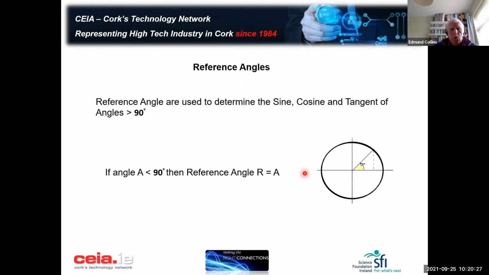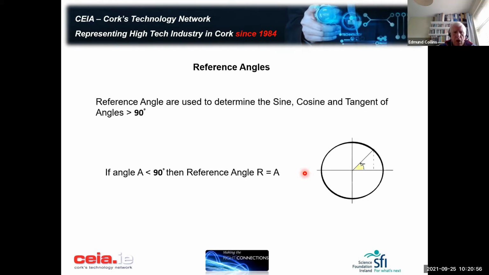Now, we're going to go through reference angles here. They're very important because while often it'd be nice just to be dealing with acute angles less than 90 degrees, often in problems we don't have that. We can be dealing with angles greater than 90, greater than 180, and in fact multiples of 360 as well.